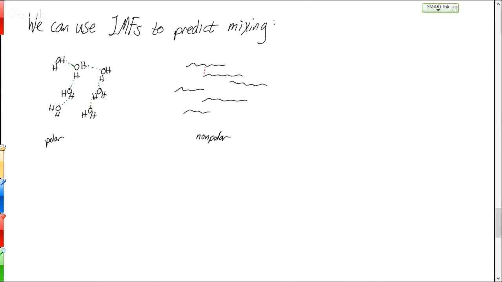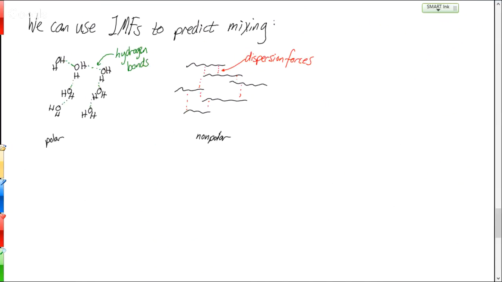So I'll use red dots to indicate the dispersion forces that are connecting these things together. So there's the dispersion forces. And then in water, we have the green hydrogen bonds.